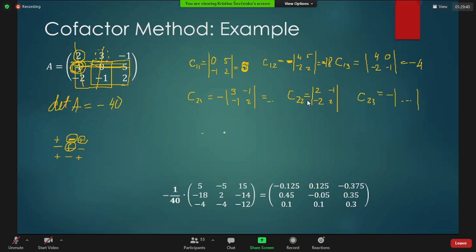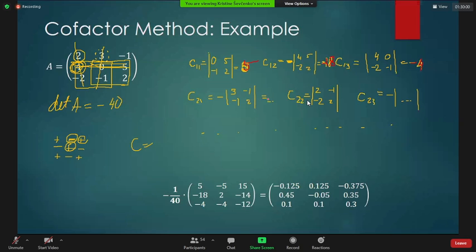And similarly, the last row. In that case, you would see that you get this cofactor matrix already done. So in principle, you would have the numbers already there. 5, minus 18, minus 4.